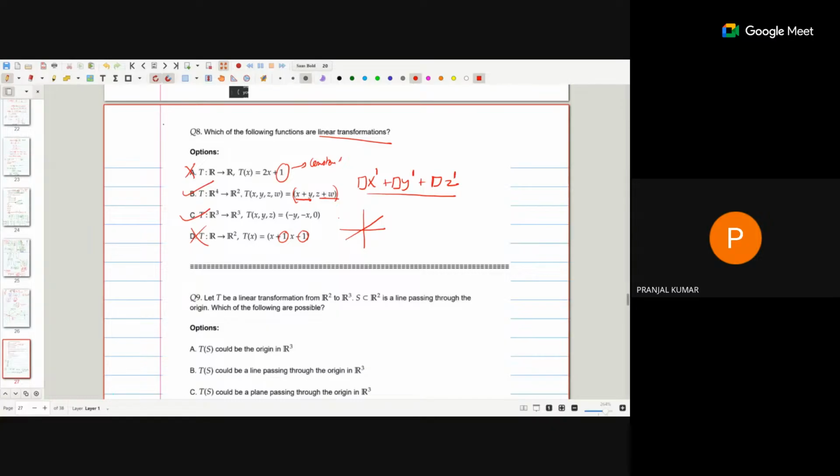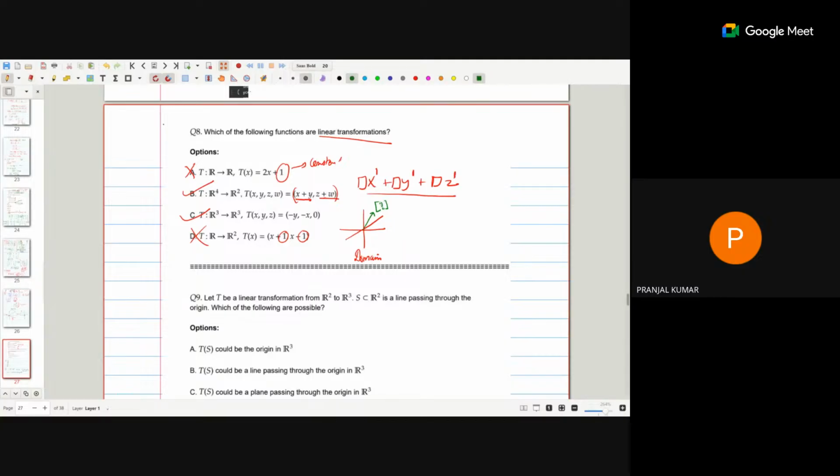So this is your domain. It will pass through the origin. If you apply a linear transformation on this, suppose there is a vector 4, 3, 2. I am drawing it in the same graph.